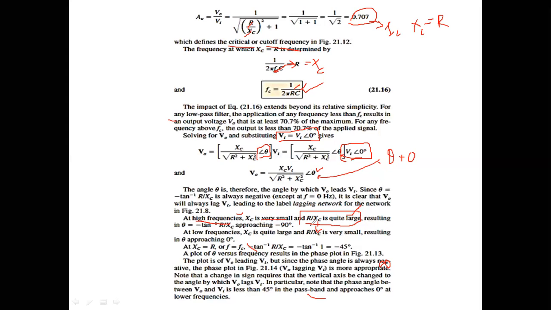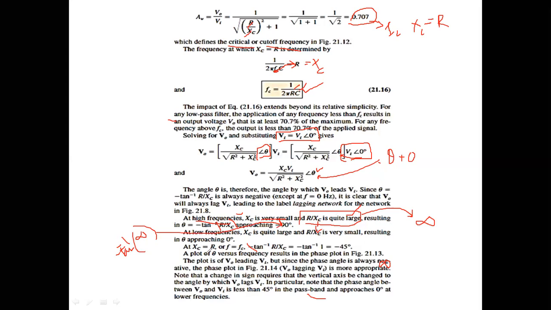If you consider a very large value, as much as infinity, then minus tan inverse of infinity will be equal to minus 90 degrees.